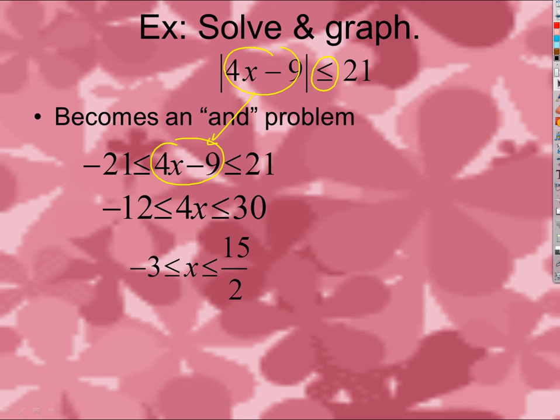There's my solution. Those are the values of x that make this happen, that make this expression be pinched between negative 21 and positive 21. But we actually include the negative 21 and the positive 21, don't we? Because I've got the equal sign included in our inequality. So are the endpoints going to be solid or open? Solid, because I've got that equal sign there, right?